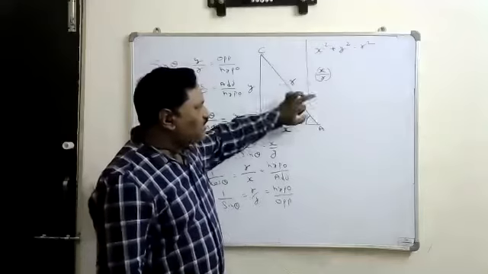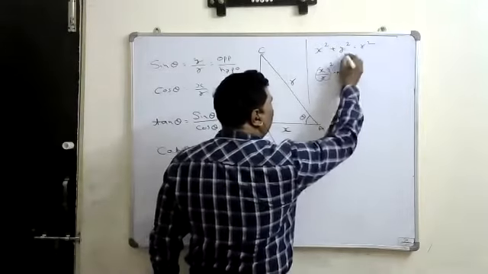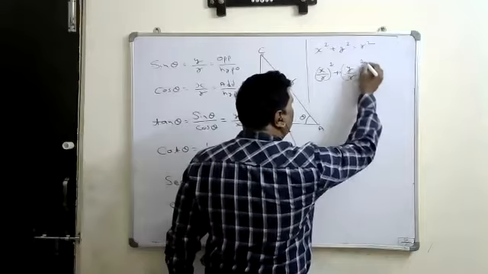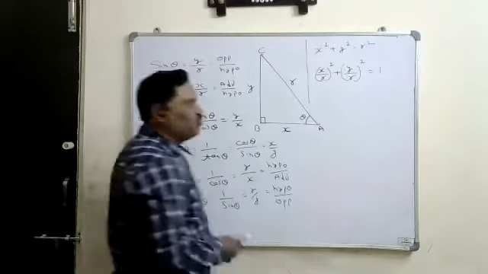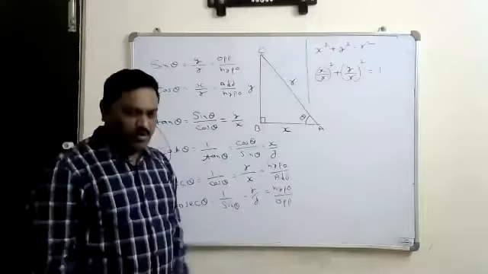That is x square by r square, which we can write as x by r whole square, plus y square by r square, which is y by r whole square, is equal to r square by r square, which is 1. This is what we get if we divide by r square.